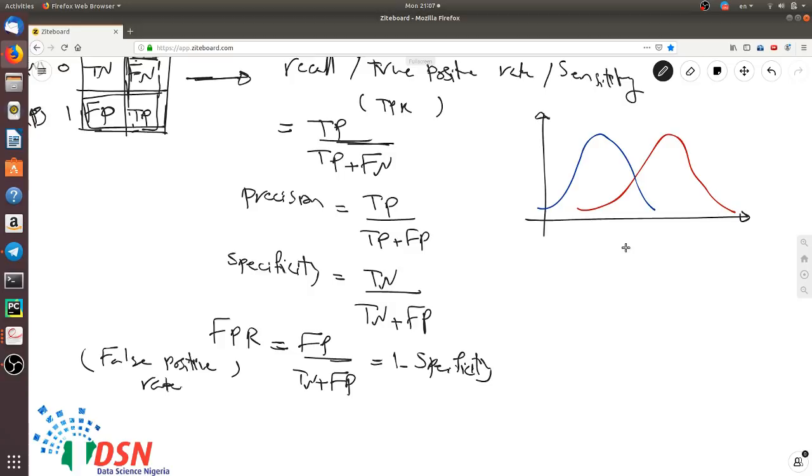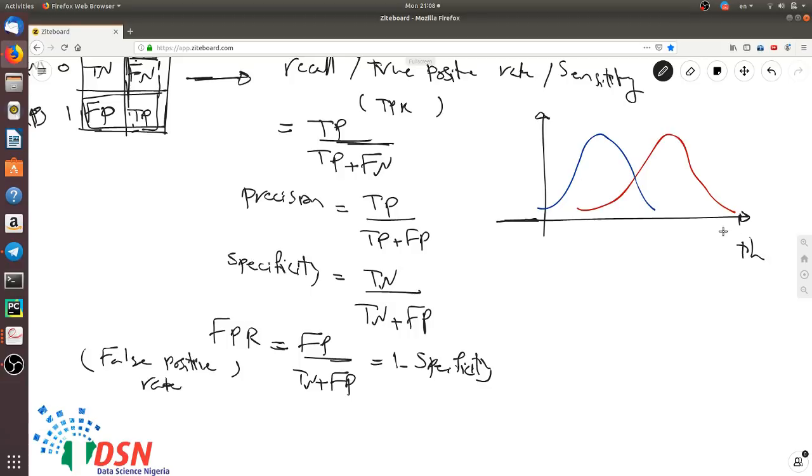Let's say we have a classifier with a very high threshold. So let's say the threshold of the classifier is here. The classifier tells us the prediction based on this threshold. If the value of the data is more than this threshold, then the predicted value is 1, and it is 0 if it is below the threshold.